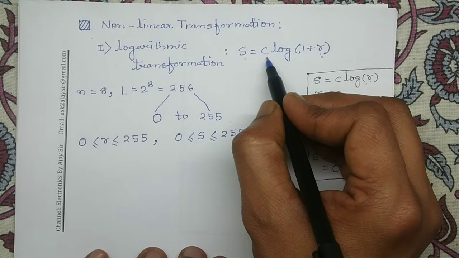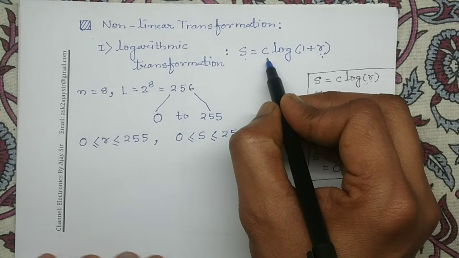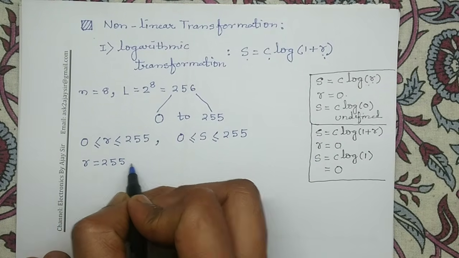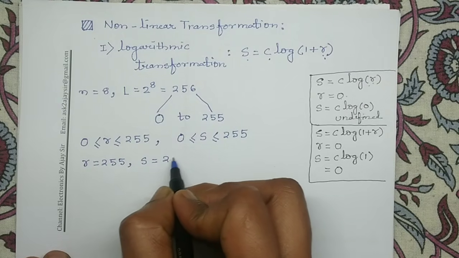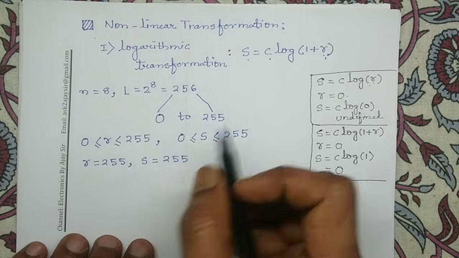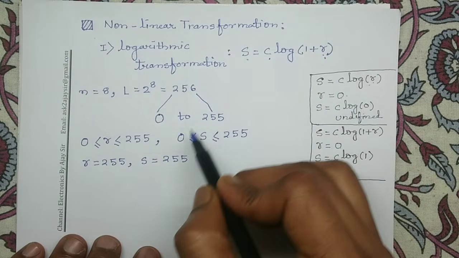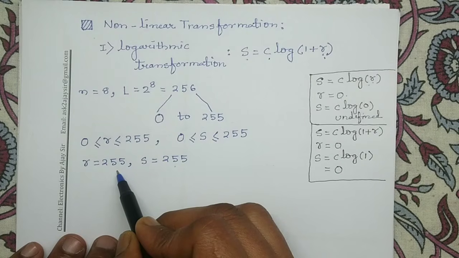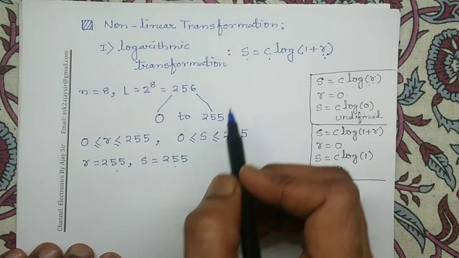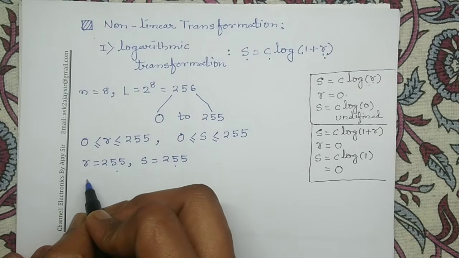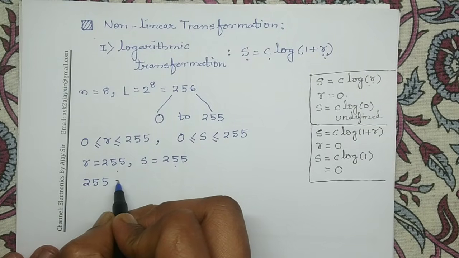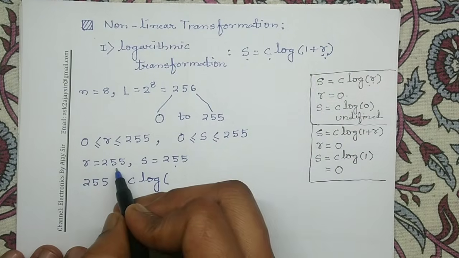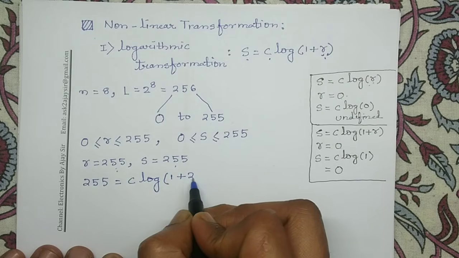So in order to determine the value of C for an 8-bit digital input image, we will apply the boundary condition: when R equals 255, S is also equal to 255. Now in this equation, in place of S, I will substitute 255, in place of R, I will substitute 255, and we will determine the value of C. So the equation becomes 255 equals C log(1 plus 255).